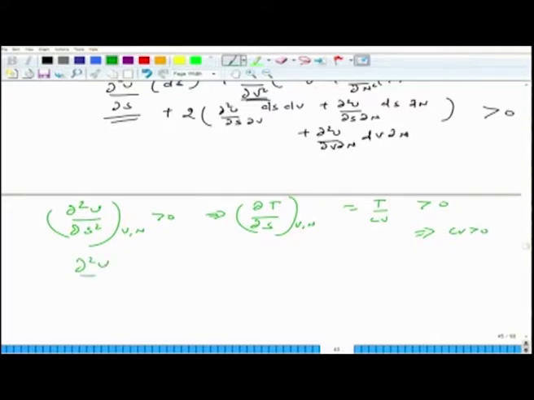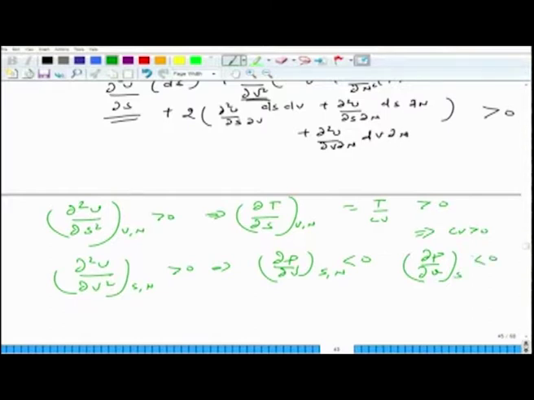Similarly, you can show del U by del V is minus of del P by del V, that means the sign has reversed. So this shows that if you increase the volume, the pressure will decrease. Okay, you can also write this expression as del P by del molar volume. We are taking the N inside, which means basically everything is in molar quantity.